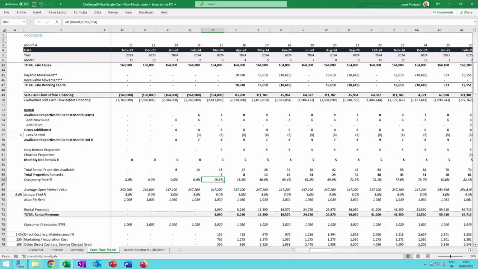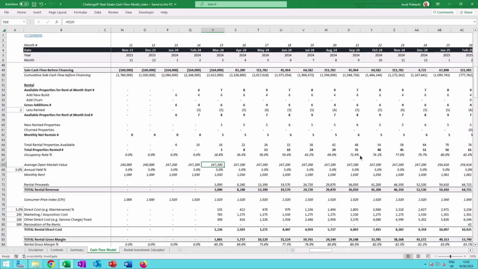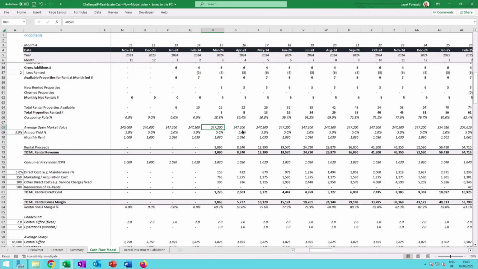Based on those numbers, we know what the open market value of the properties is. That's the number that we used before when we were calculating the proceeds from sales. We also have an assumption for the yield that you will generate from your properties, and that allows you to then calculate the monthly rent.